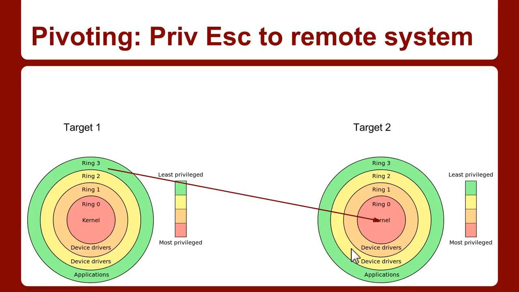And perhaps this allows them to gain access on another node at a higher privilege level. So perhaps they're able to go from a normal user on one system and then pivot onto a root account for another system, depending on how some credentials were set up.